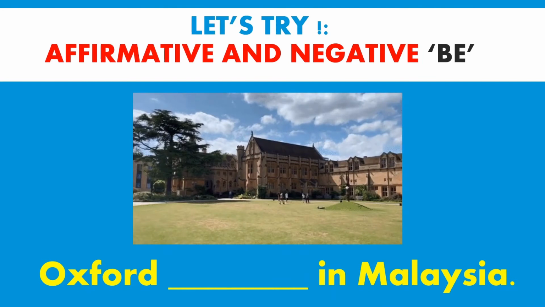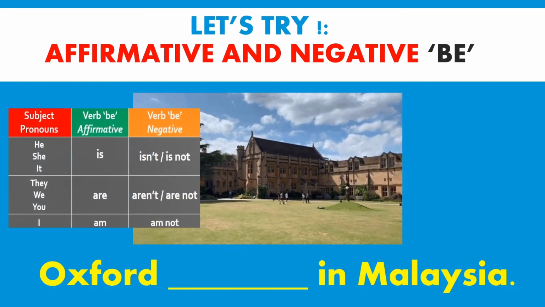Okay, so let's take one last example. Oxford in Malaysia. Okay, so Oxford is in England or in the UK. So is it yes or no? Oxford is a place. It's not human, so we can only use it and they.